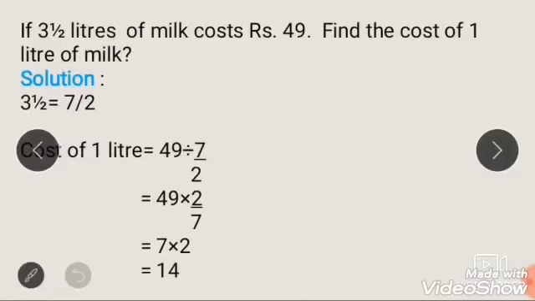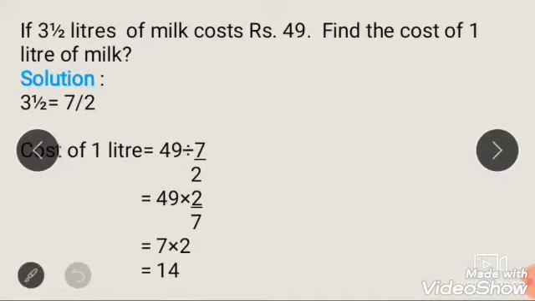We are going to see another example. If 3.5 liters of milk cost 49 rupees, find the cost of 1 liter of milk. How can we find the cost? Yes, through division.